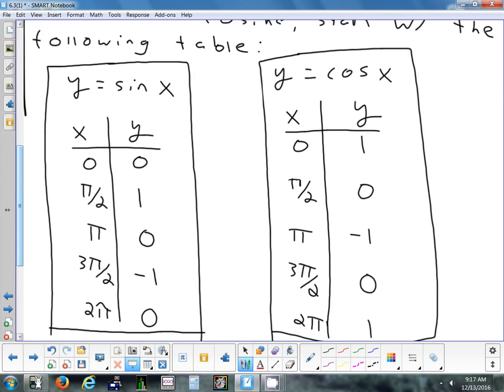First of all, if you're going to shift left and right, which values are going to be affected? The x values or the y values? Yeah, it's going to be the x values.